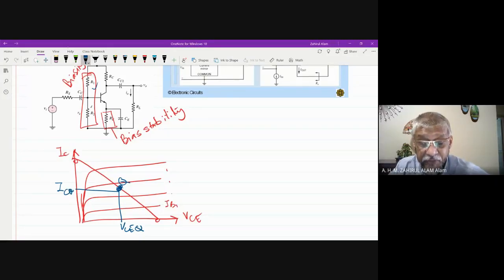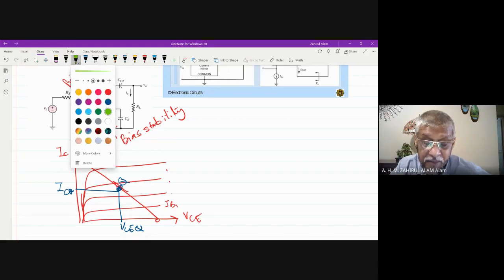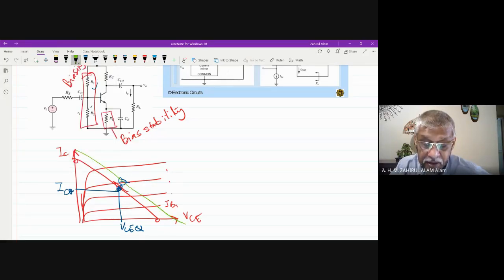But if you use R1 and R2 only without RE, then this Q point may be shifted due to temperature, or due to a change of the supply voltage, or some other reason. If the Q point variation is too much, that is not desirable.